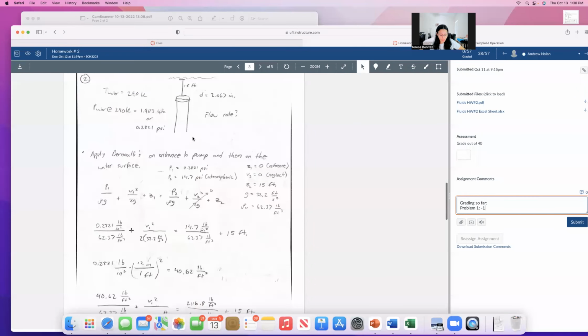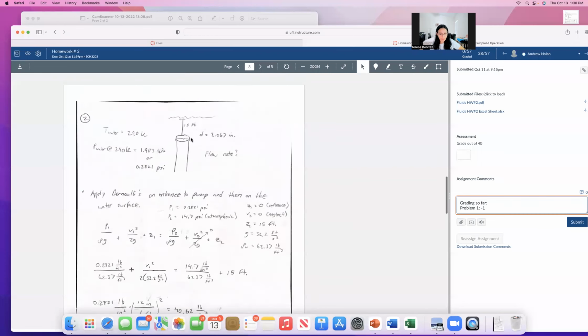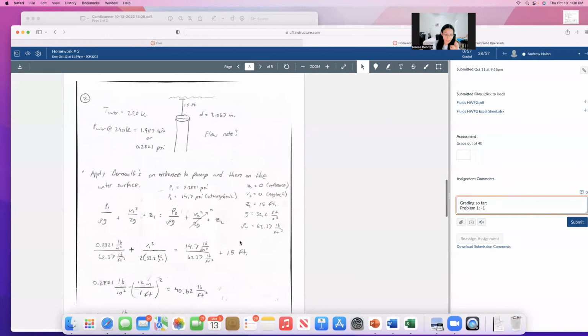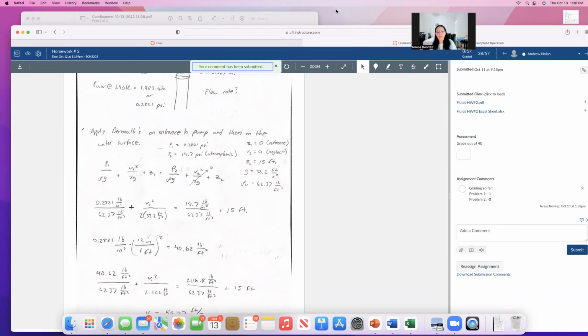They use 2 as the surface of the water and 1 at a depth of, however much it is, 15 feet, okay? So this problem is right, but again, you have to be careful because they use 1 and 2, not the same as mine, it doesn't matter. As long as they're consistent.